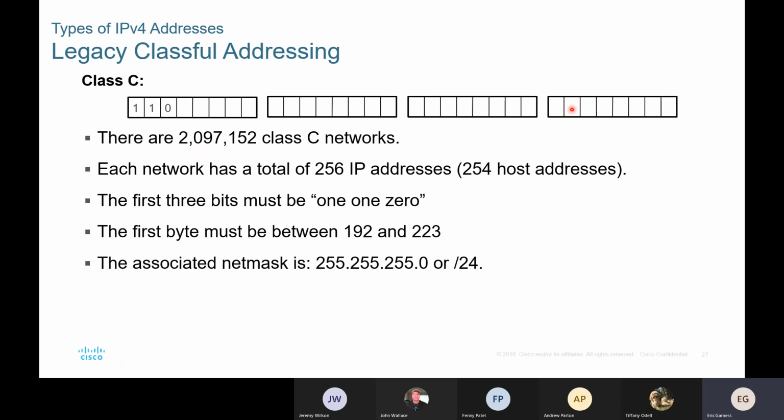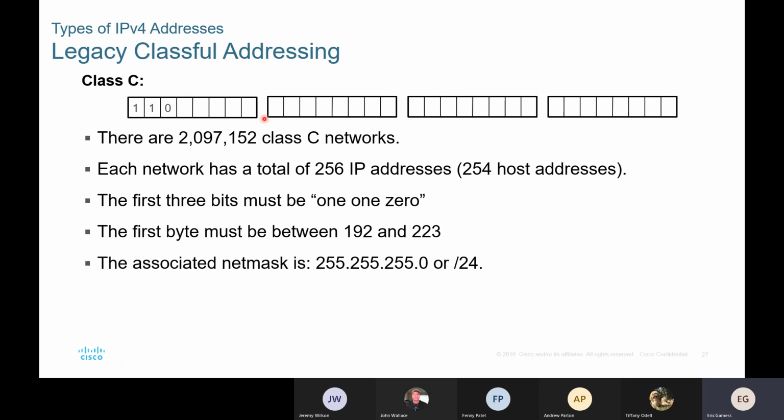Here I'm free to put 0, 1, another 2 possibility. So 2 possibility times 2 possibility times 2 possibility, and so on, times 2 possibility is 2 to the power of 8. So we can have 256 IP addresses in total. We lose 2 IP addresses, the first one and the last one. The first one is the network address. The last one is a broadcast address. So valid IP address, we have 254. Okay?